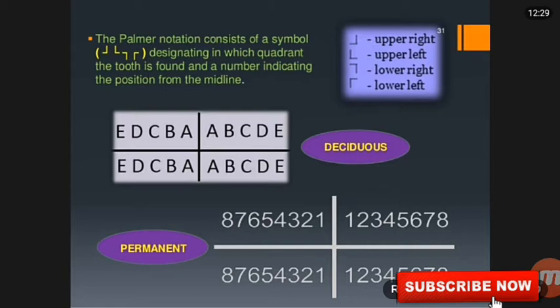For primary teeth it will start from A, B, C, D, E. Here also A, B, C, D, E, and for permanent teeth it will start from 1 to 8.